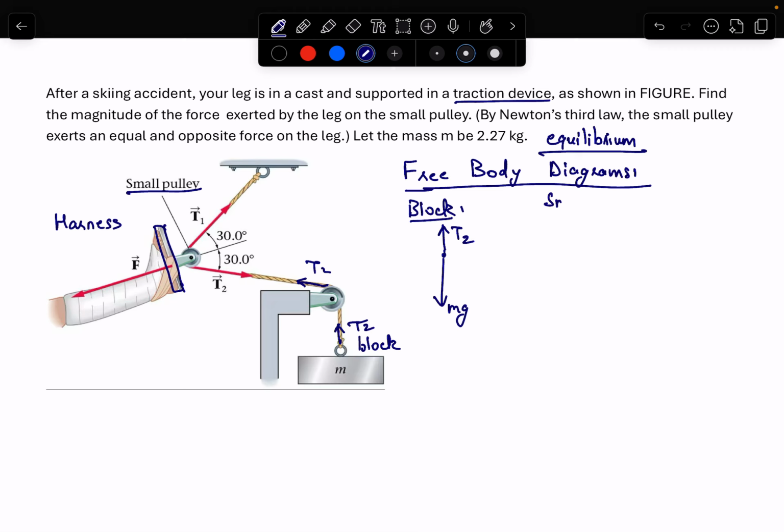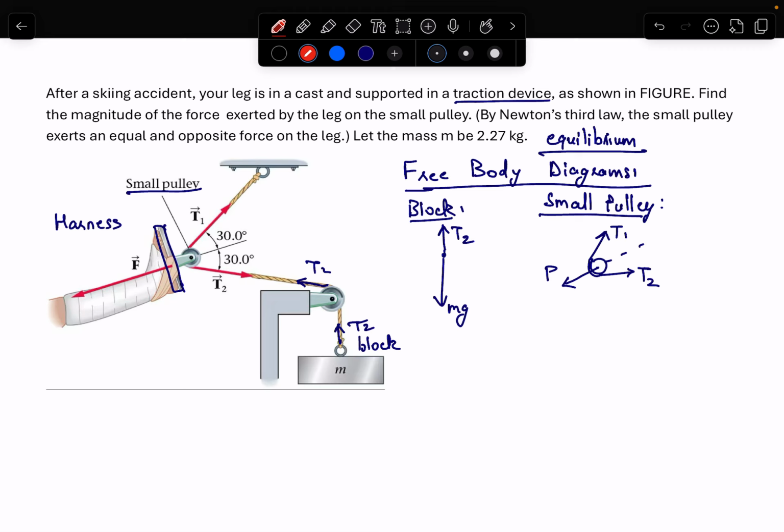For my small pulley, I have two tensions, T1 and T2, right? And then it's connected to the harness. So let's say it applies a force P on the harness.